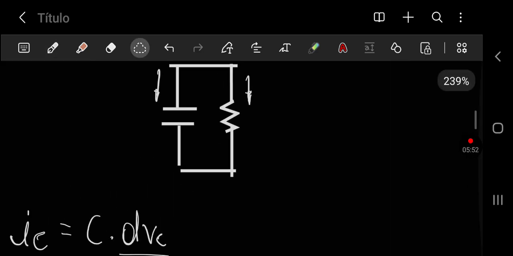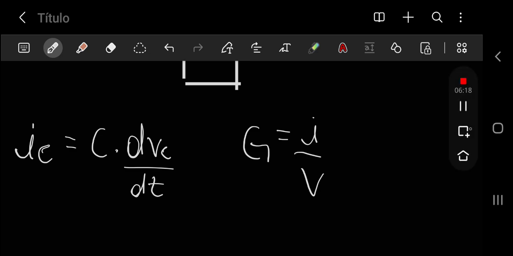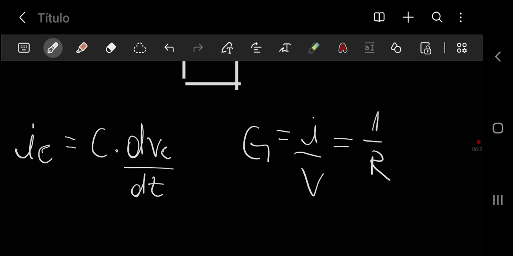The conductance G is different from the resistance. The conductance G is given by I with respect to V. Sorry, it is the ratio between I and V, which is the inverse of the resistance.